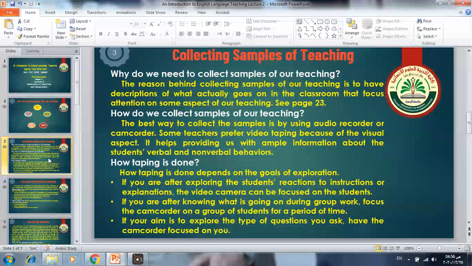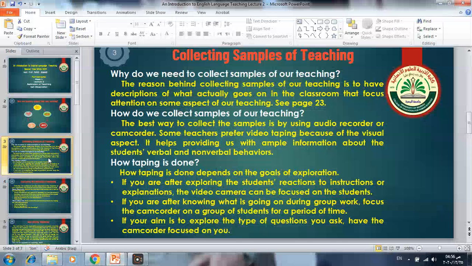Some teachers prefer audio taping, so they audio record the lessons, and some others prefer the videotaping of the lessons.